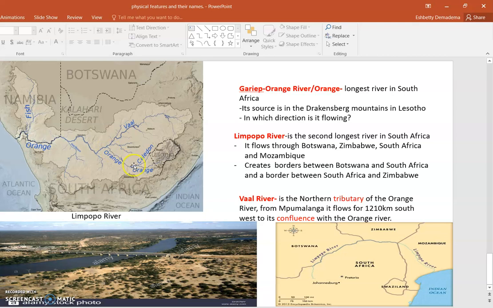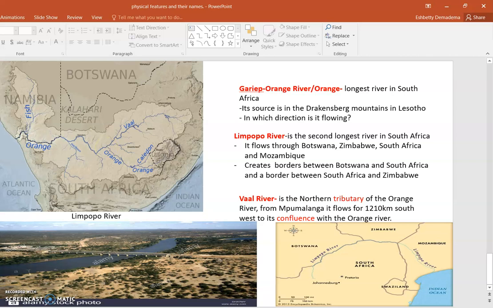Okay, it can't flow this way because it's starting on the Ukahlamba, Drakensberg Mountains, which is a high point. So it can only flow that way. And if we haven't been given the heights, you know what to do. Create that imaginary arrow with the tributaries, and you will be able to find which direction it's moving.